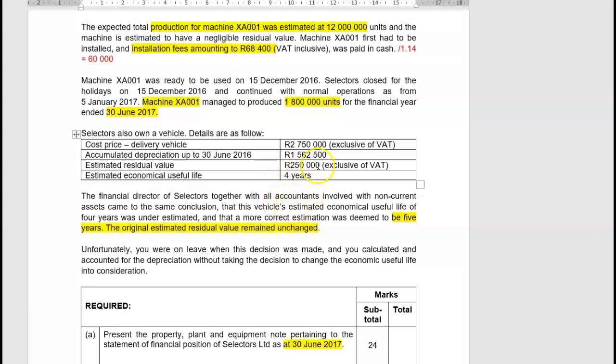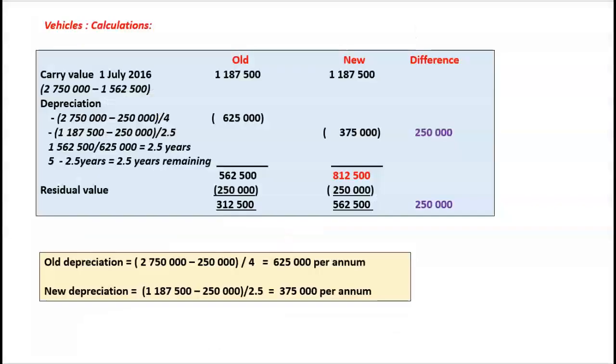What was the normal depreciation then? The normal depreciation would have been 2,750,000 less 250,000 divided by 4, which gives us 625,000 Rand per annum.